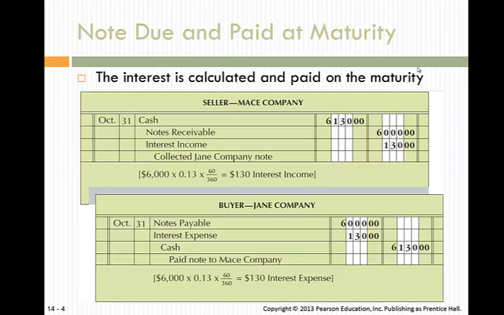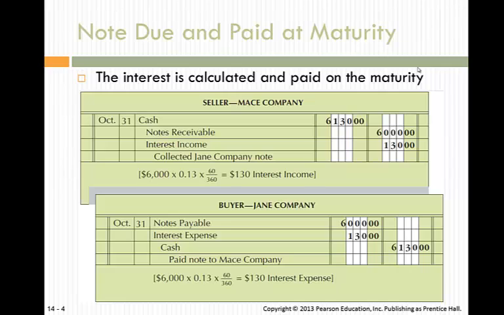This is interest received by Mace Company, which is recorded in the interest income account as a credit. So how much cash is received by Mace Company from Jane Company? The total is the principal of the note plus the interest income for a total of $6,130.